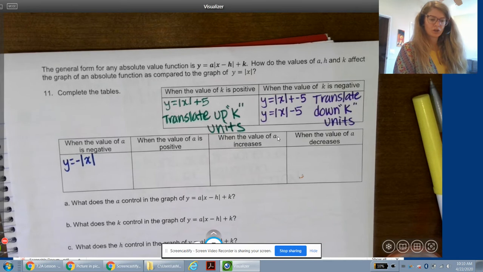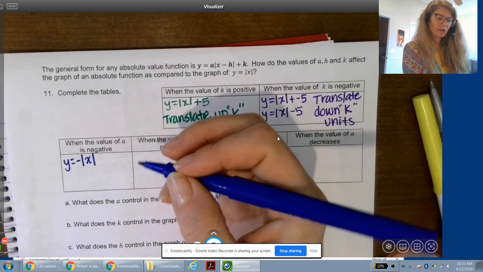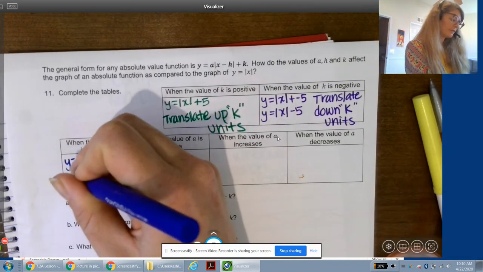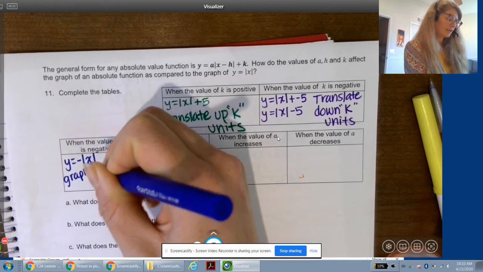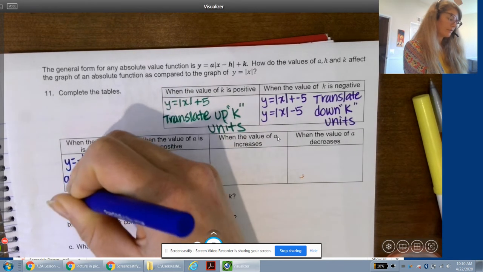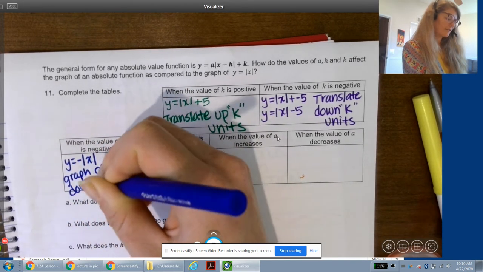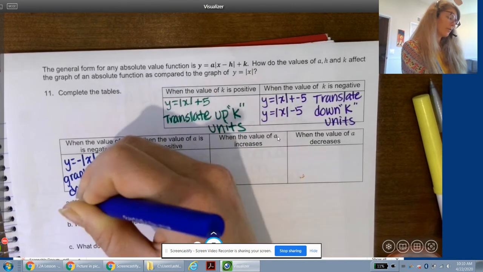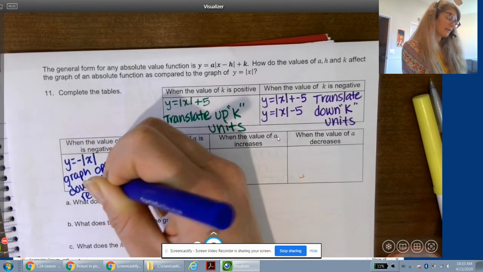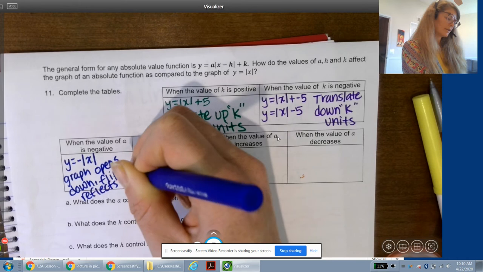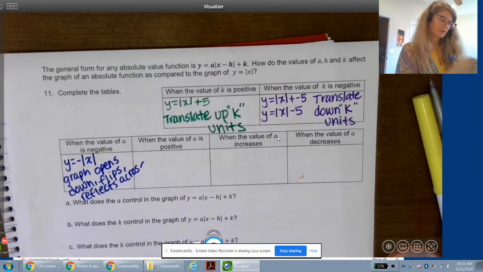So the graph opens down. You can say flips or reflects across the x-axis.